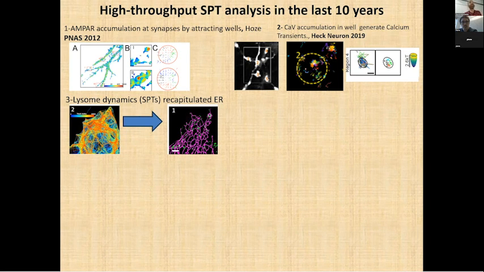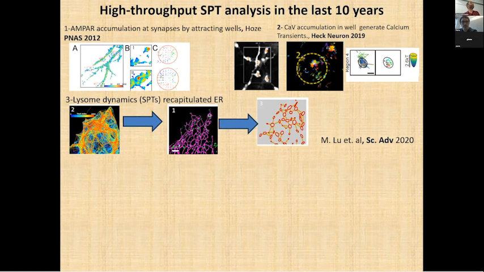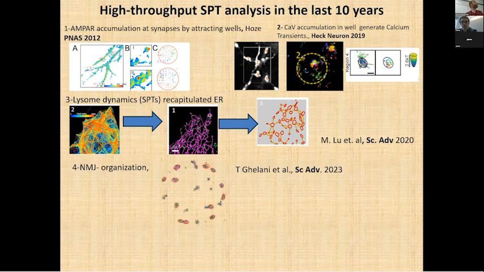So again, you can use single particle trajectories to infer the underlying structures along which the vesicles or lysosomes were trafficking. And from this, you can even reconstruct, and this will be the second part of this presentation, the associated graph.